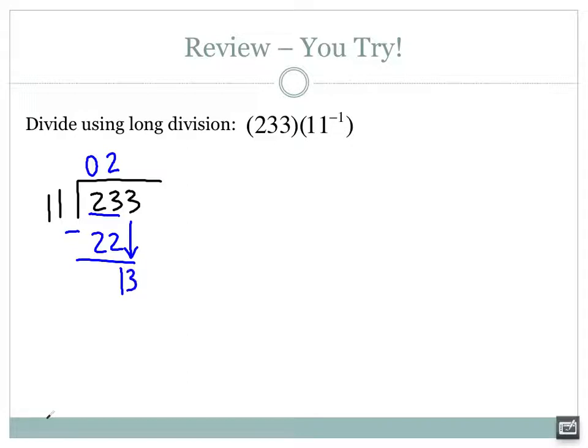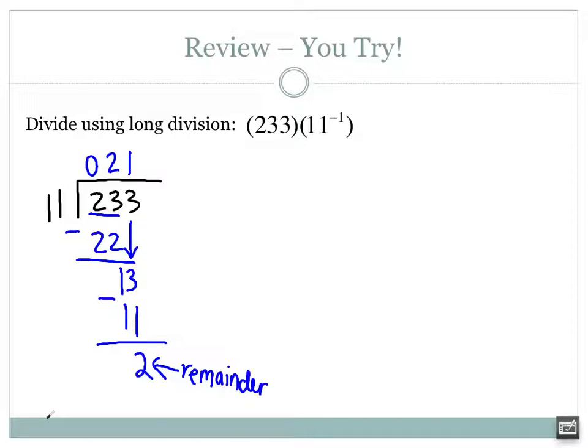Bring down the 3. Okay, now how many times does 11 go into 13? It goes in 1 time. I want to multiply. 1 multiplied by 11 is 11, and subtract. 13 subtract 11 is 2. Now, does 11 go into 2? No. We have nothing to bring down, so this is our remainder.